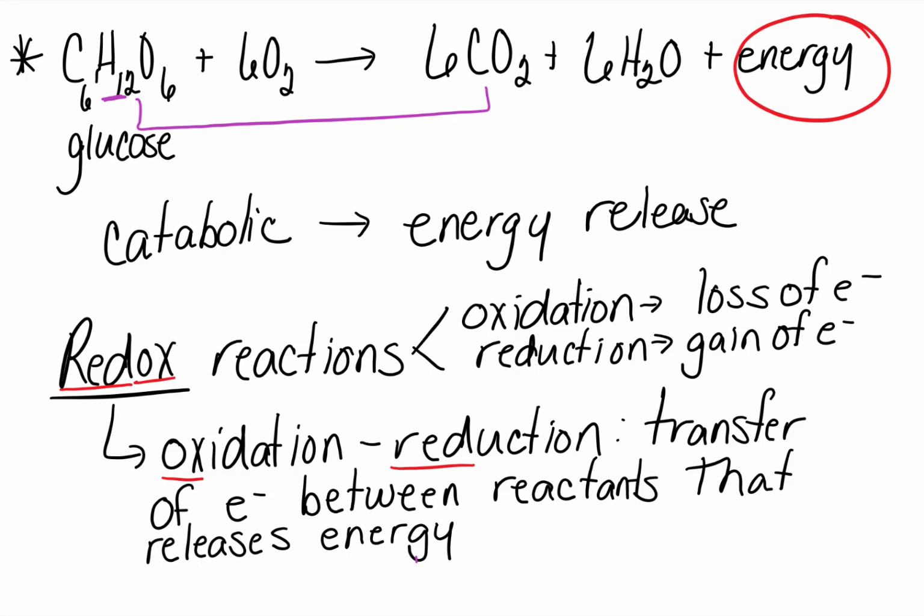Glucose is oxidized. It loses those hydrogen atoms, those electrons, while oxygen is reduced. It gains those hydrogen atoms, those electrons.